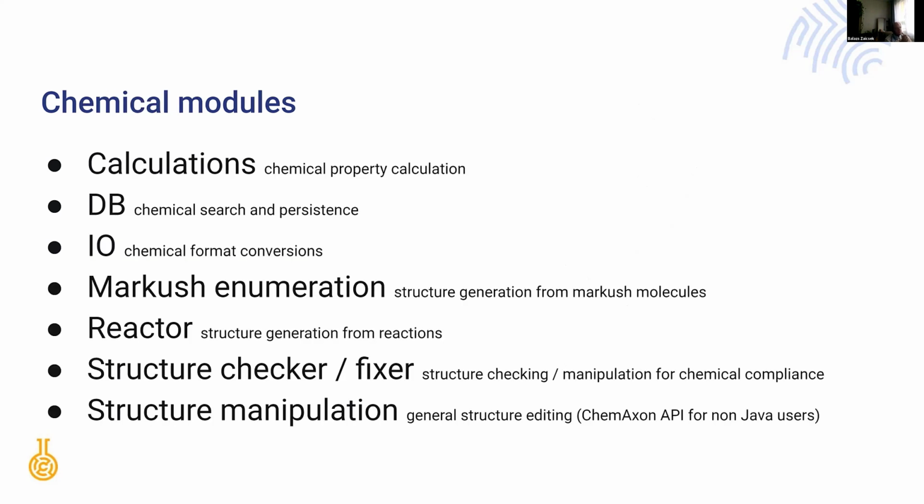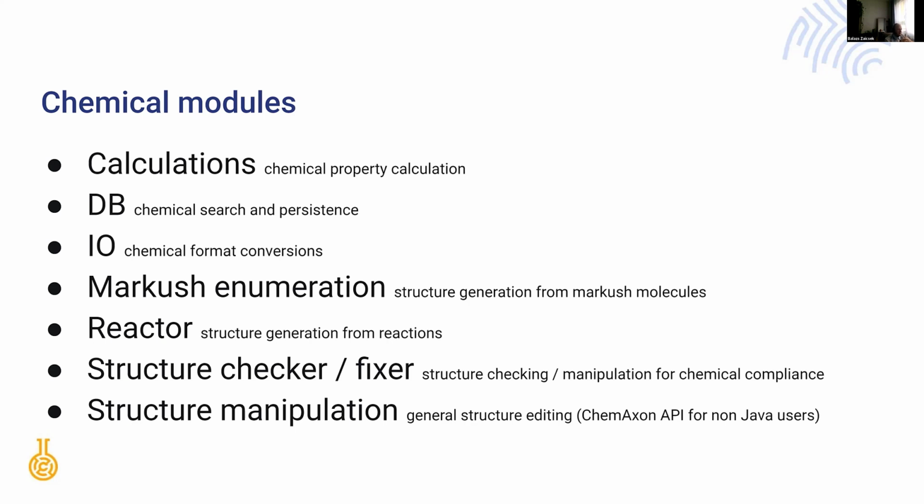The modules that we have are the calculations module, which is for various chemical calculations and could be really interesting to scale up on large workloads. We have the DB module for persistence and searches, and IO for chemical format conversions. We have two separate structure generation modules: Markush enumeration, and Reactor, for structure generation by reactions.